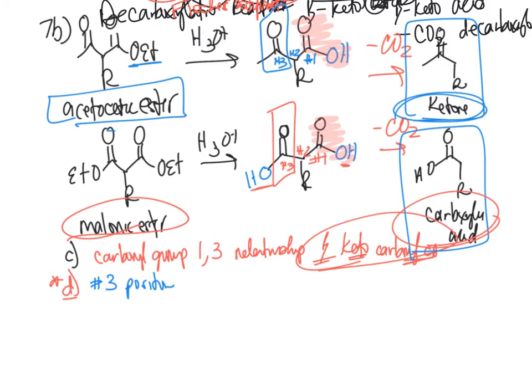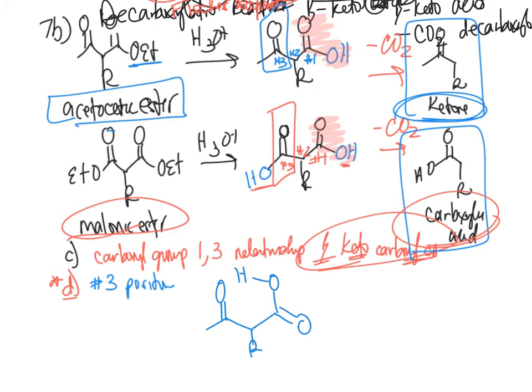Okay, so at this point I want to show you the mechanism for the decarboxylation reaction. And when you do this, you want to be just concerned about how you draw the acetoester, and you want to draw your acid like this, okay?